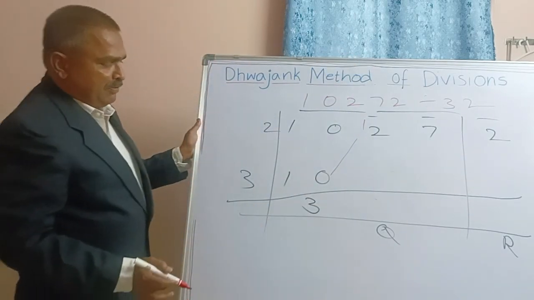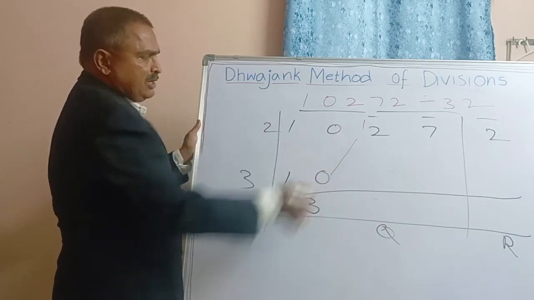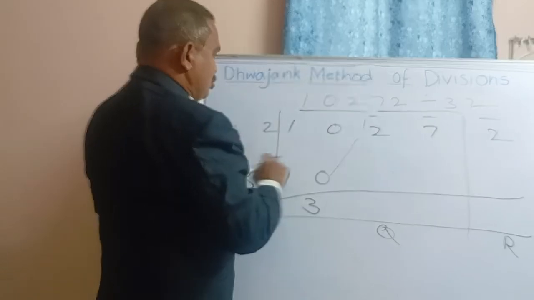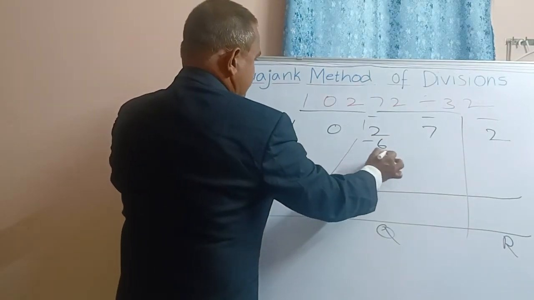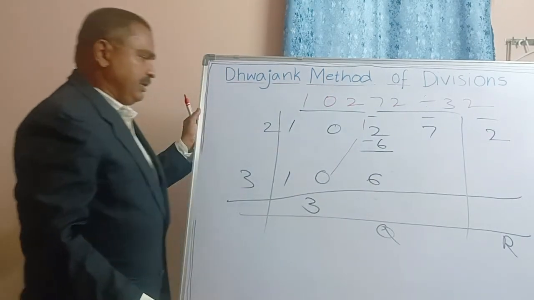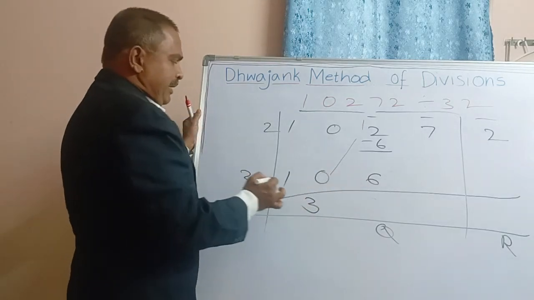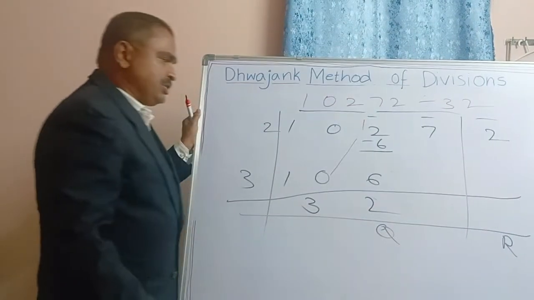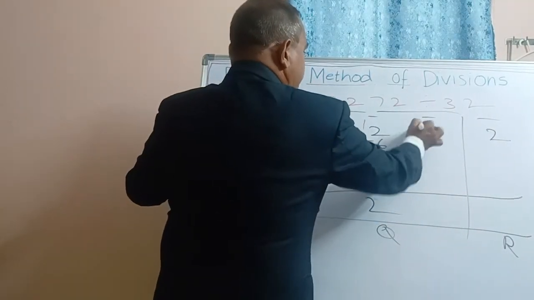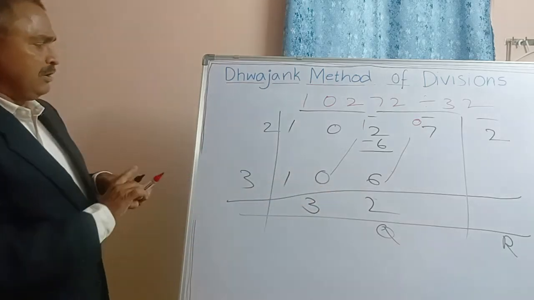Now, as per our formula, multiply quotient with flag number and subtract from next part. 3 into 2, 6. 12 minus 6, 6. Again, we got number on base number. 6 divided by 3, 2 3s are 6. 0 is the remainder. Keep 0 here. Again, we got quotient.